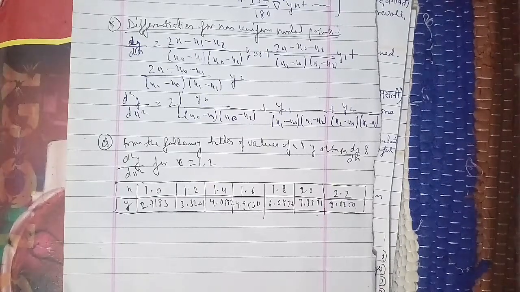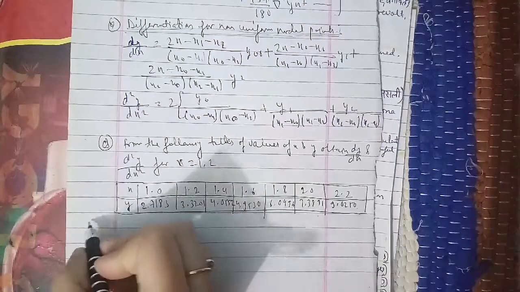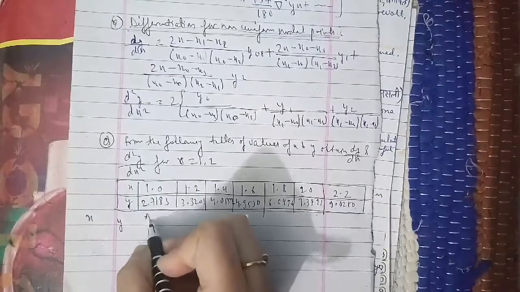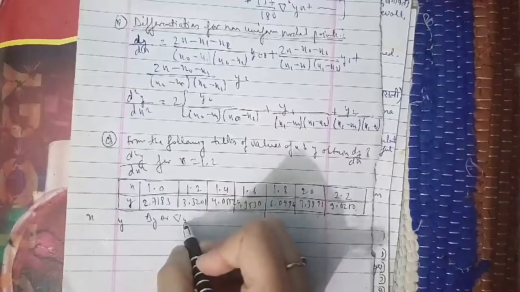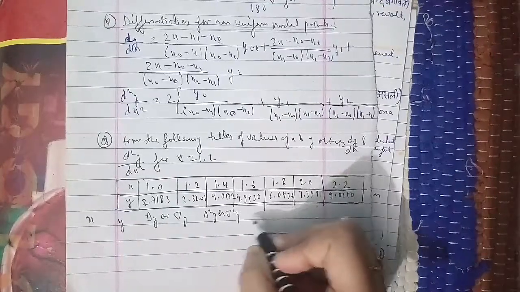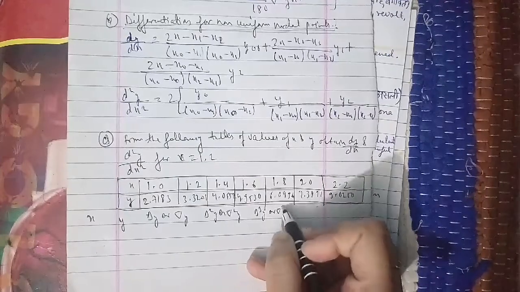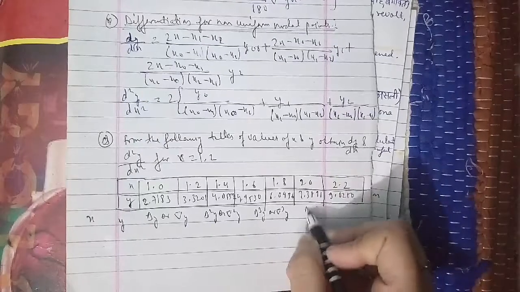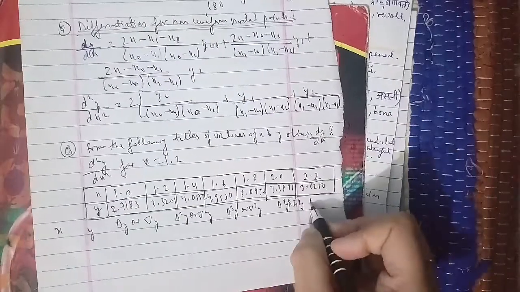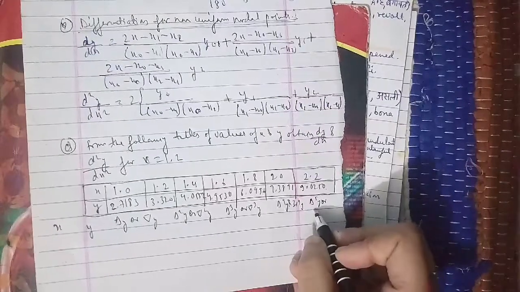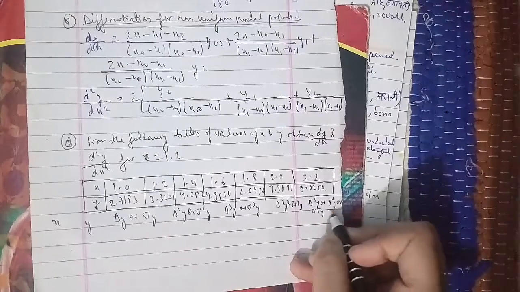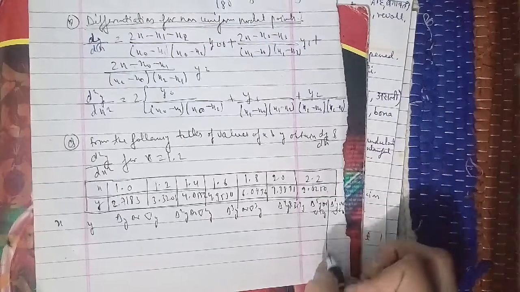So first we make the divided differences table here, which is as follows: x and y, then forward y or backward operator y, forward square y or backward square y, then forward cube y or backward cube y, then forward 4y and backward 4y, then forward 5y or backward 5y, and last is 6y or backward 6y. So we have as follows.